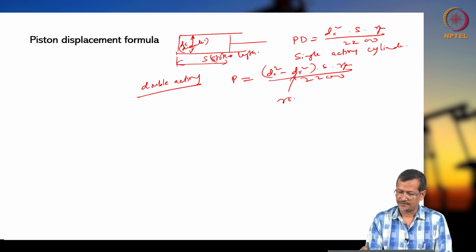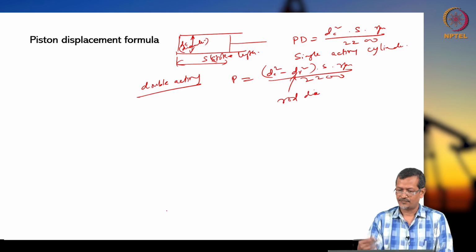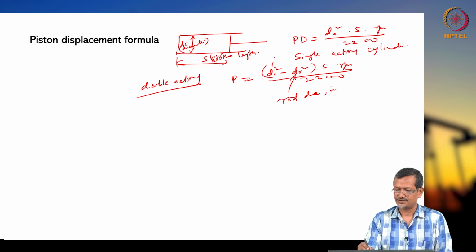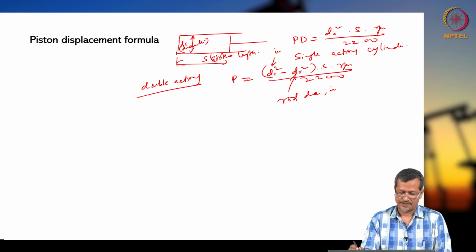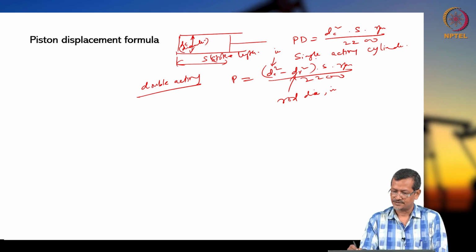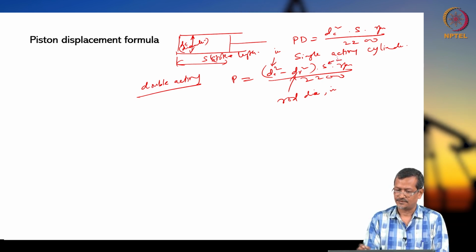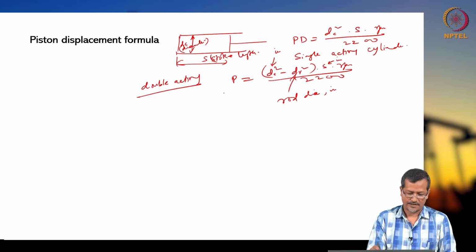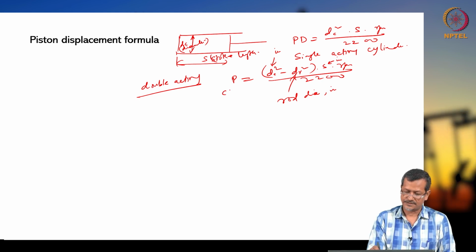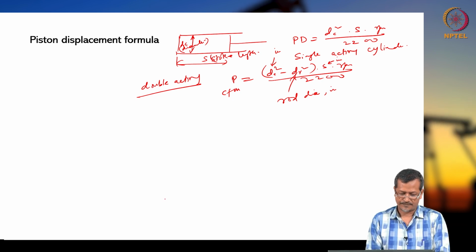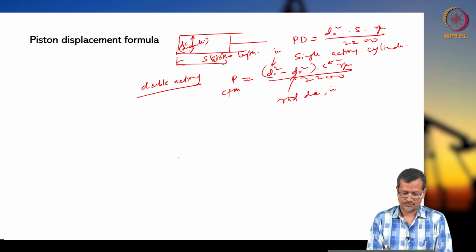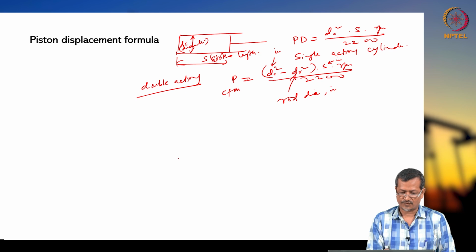Dr is the rod diameter. If you are using inches, then everything will be in inches: Dc, Dr, S. PD is in CFM, cubic feet per minute, and 2200 is for unit conversion, I think.